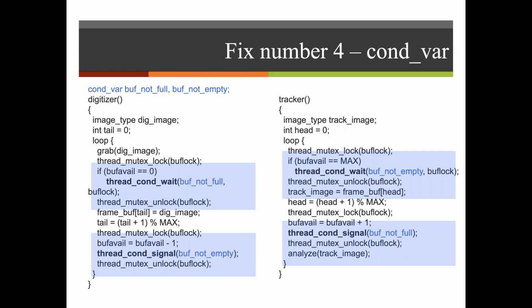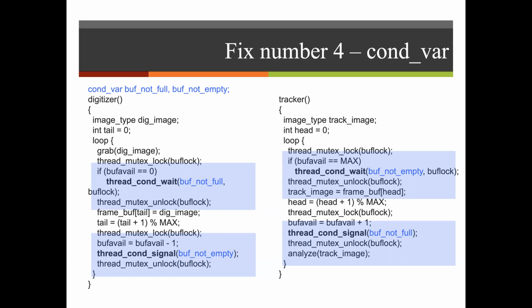And so let's consider how we can incorporate wait and signal semantics into our digitizer and tracker programs. So essentially what we want is for each thread to enable the appropriate condition to allow for a deadlock not to occur.